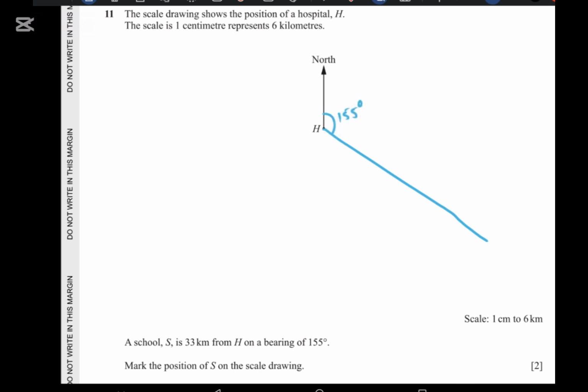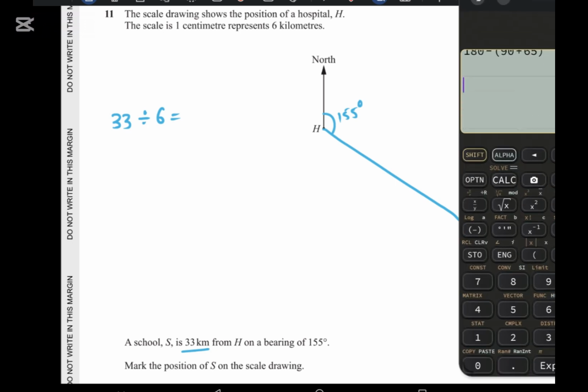Now you take your compass and you have to mark the exact position of S. It is in this direction, but how far it is. For that you have to use this scale now. So here scale is saying that 1 centimeter is equal to 6 kilometers. So we have given that 33 kilometers far it is. 33 kilometers must be divided by 6 to find out the measurement on this scale diagram. 33 divided by 5 is equal to 6.6.